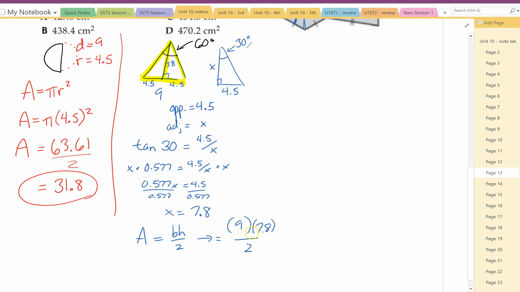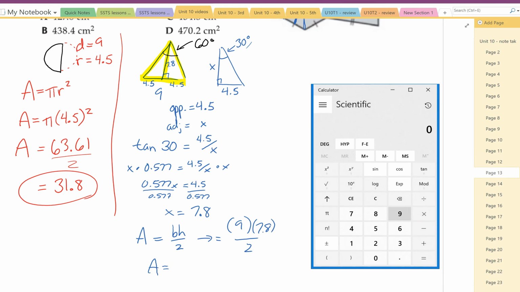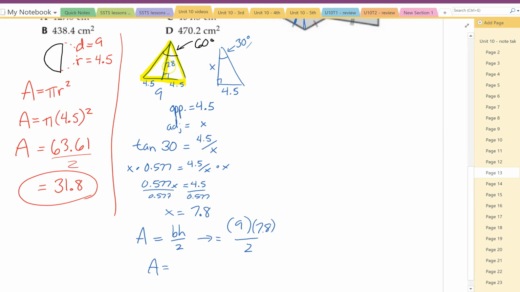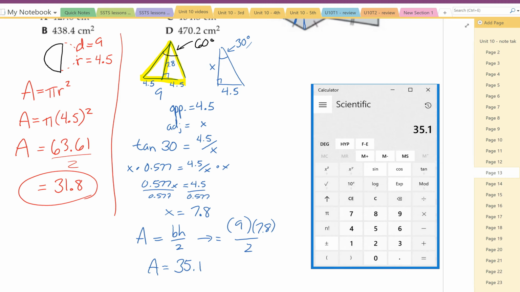It doesn't matter which order I put those in, I just don't want to confuse you. So to figure out the area of one of those triangles, it's 9 times 7.8 divided by 2. Okay, so the area of this one triangle is 35.1.